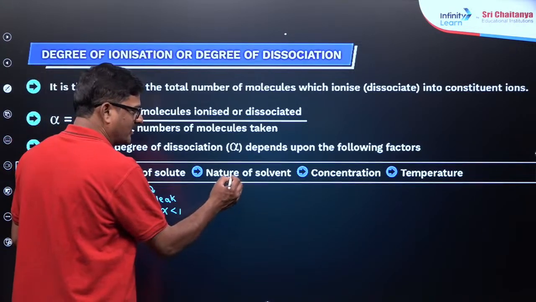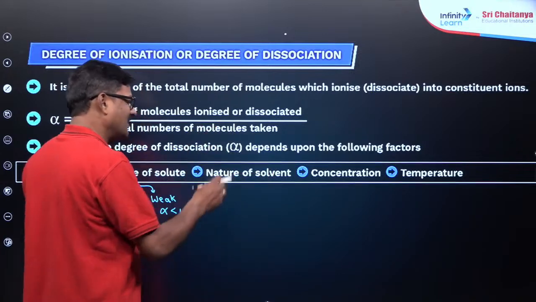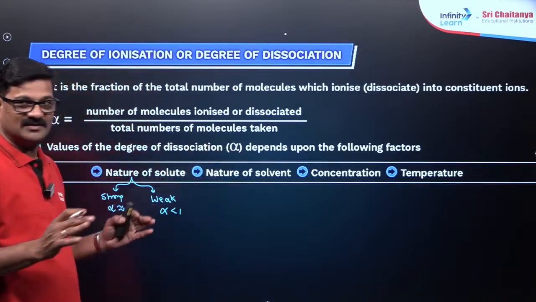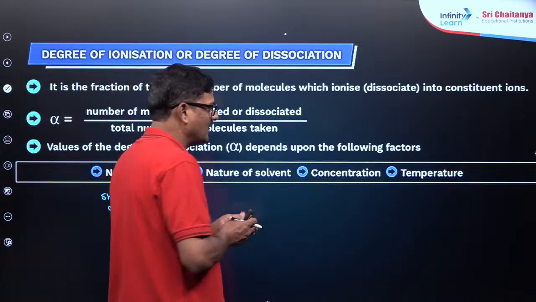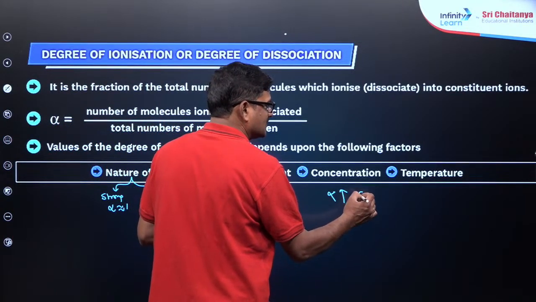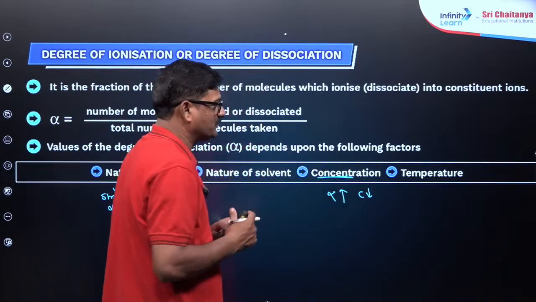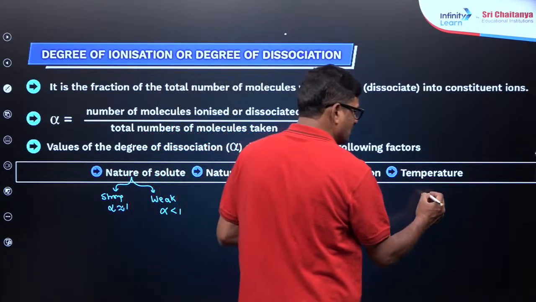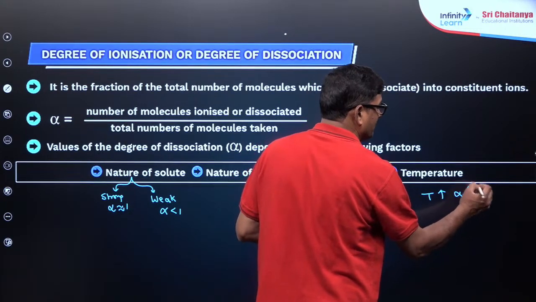Nature of solvent: in a polar solvent ionization increases, and in a non-polar solvent ionization will not be much. Concentration: alpha increases as concentration decreases, according to Ostwald dilution law. And temperature: if temperature increases, the alpha value also increases.